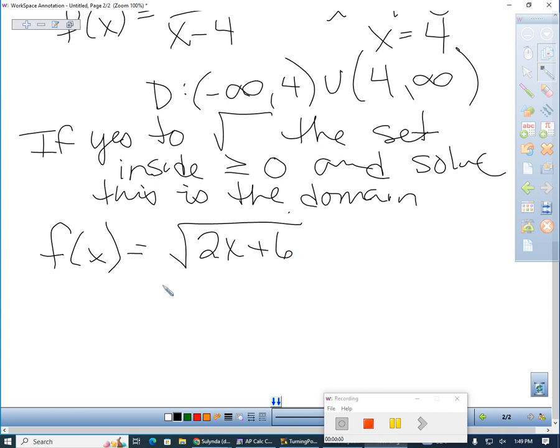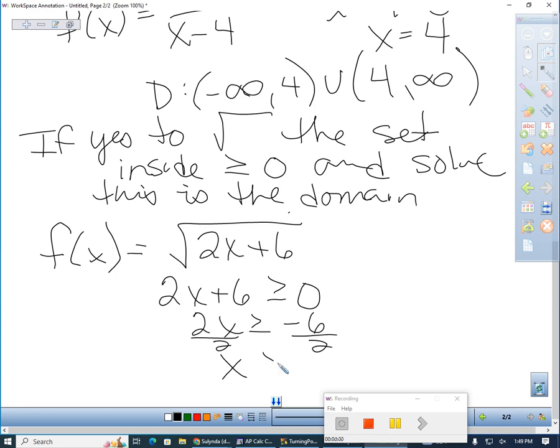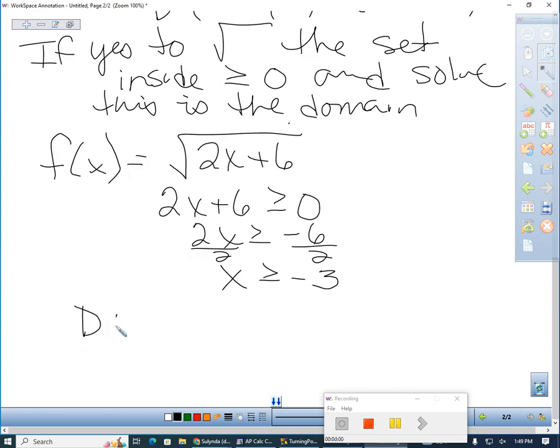So I take what's inside the square root, set it greater than or equal to 0, because you can't have something less than 0 inside a square root, right? So then I solve it. I have 2x is greater than or equal to negative 6. Divide both sides by 2. So x is greater than or equal to negative 3. So in this case, my domain would be, whoops, bracket, negative 3 to infinity.